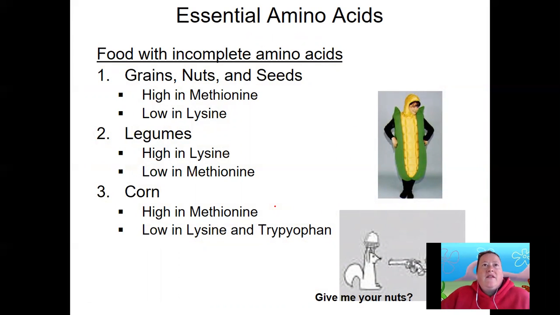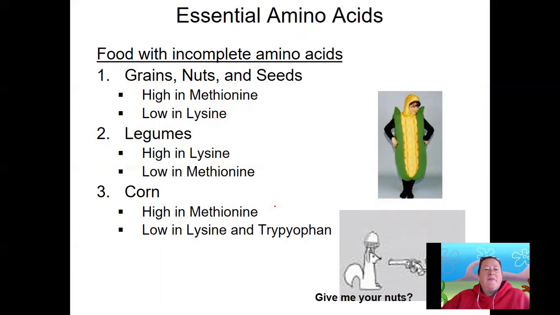A person following a vegan or vegetarian diet, as long as over the course of time you're eating foods that contain the essential amino acids, not necessarily in a single food item that you're eating, but over time, if you are getting that intake, you'll be just fine.